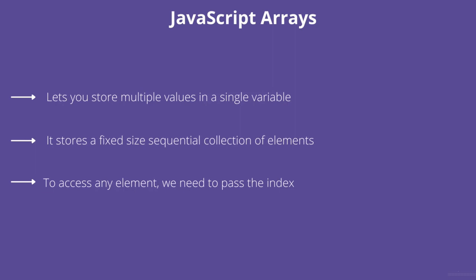How many memory blocks? That we will define while defining the array. That means when we define the array, along with the definition, we will specify the number of blocks which we want, and after that we can start storing the value in each of those element blocks. And since, as you can see, it stores a fixed size sequential collection of elements, it is a fixed size. The size which you specify at the time of creating the array, later you will not be able to change.